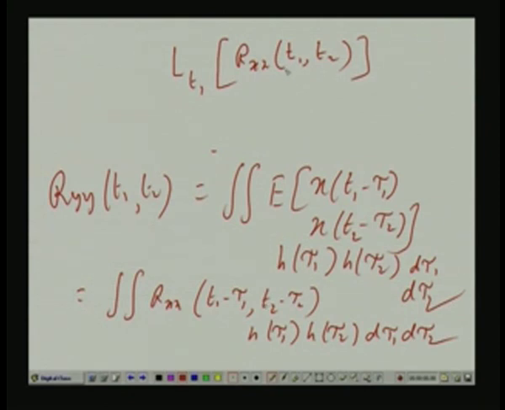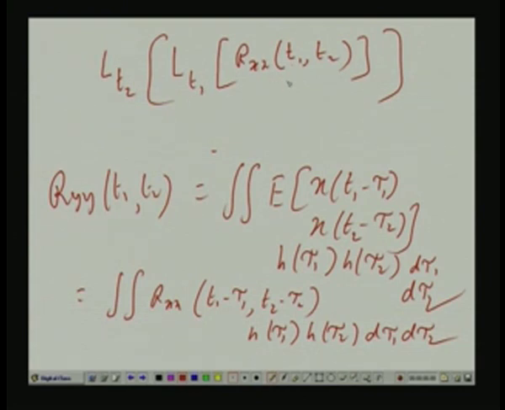Integral of R x x T 1 minus tau comma T 2, h tau 1 d tau 1. That I will now apply here. Again it was a function of T 2, so now instead of T 2 it will become T 2 minus tau 2 and h tau 2 will come, again another integral.